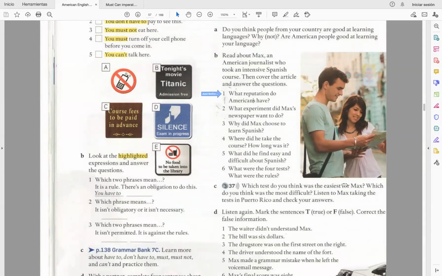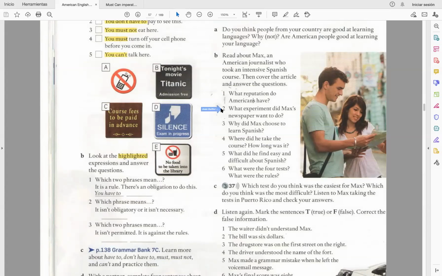Janita, what about question number 1? What reputation do Americans have? That they don't learn easy languages, new languages. Exactly, that they don't learn new languages easily. Very good.